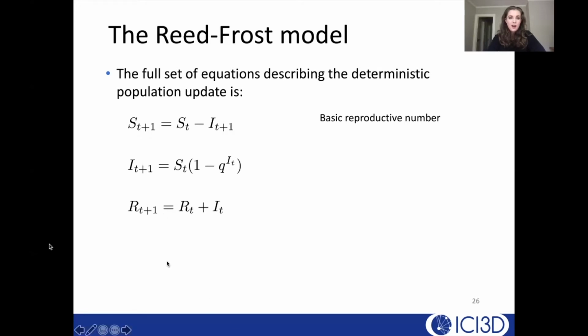Well, I sub t plus 1 is the number of new infections in a time step. If we have a single infectious individual at time t, this is 1. And then what about S sub t?